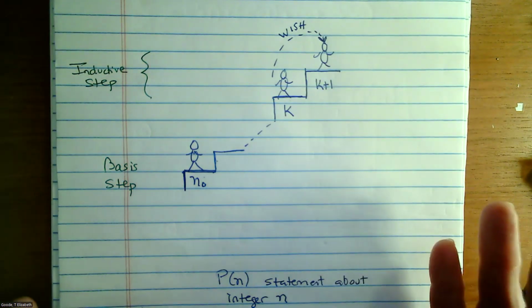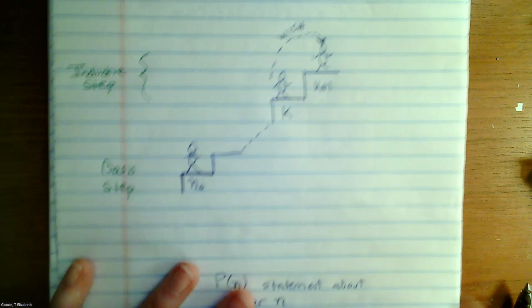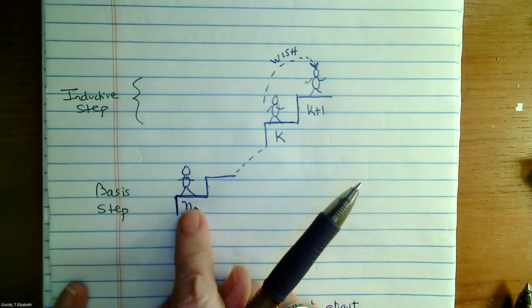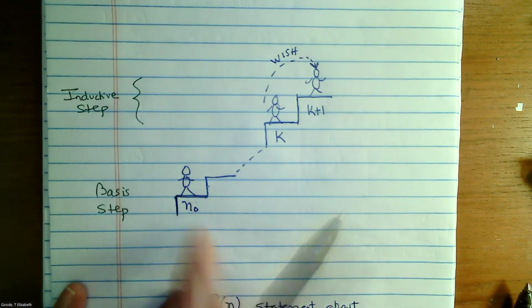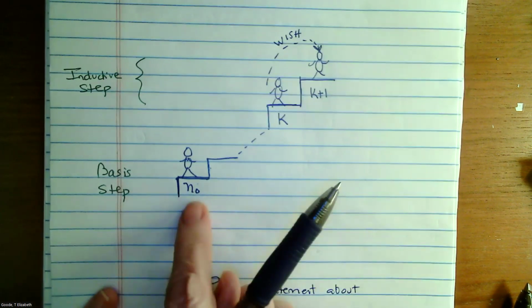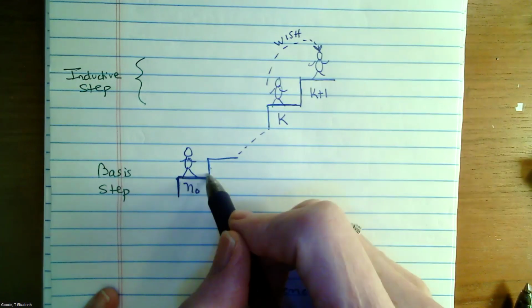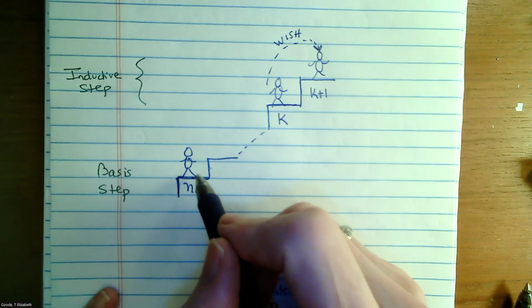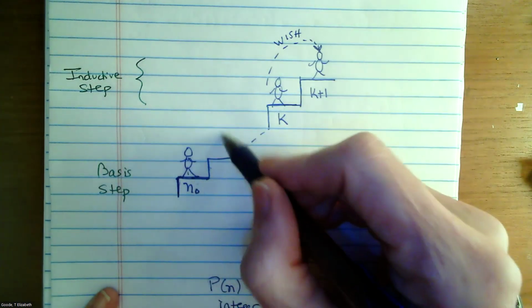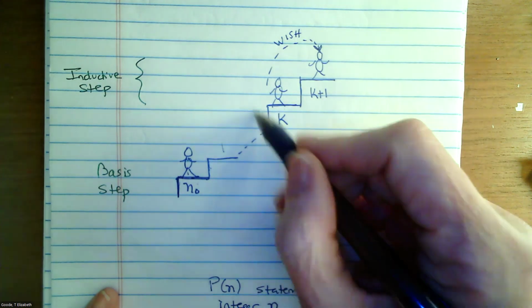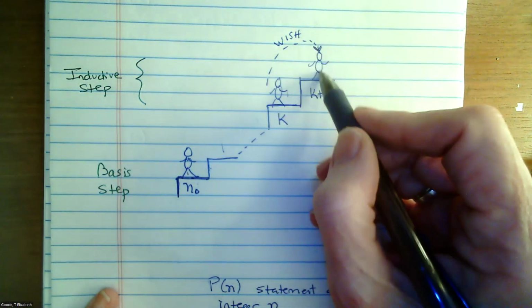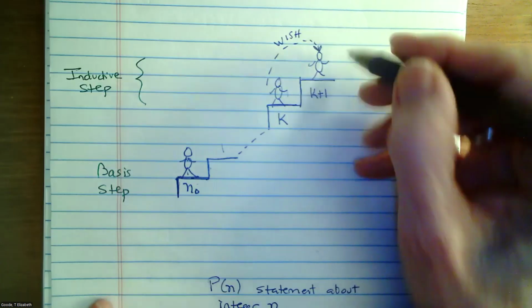If we do that, folks, think about what it means. It means we can stand on the bottom of the staircase. We've proven that P of n is true at some low level. And then we've proven that no matter what step we're standing on, including right here, we can step up to the next step. That means we can just keep stepping up to the next step.